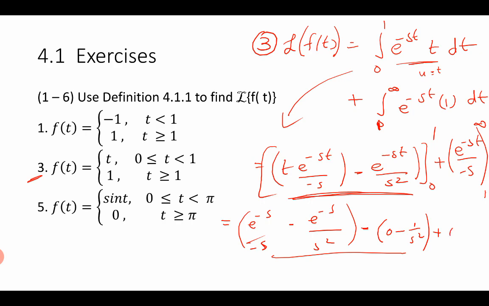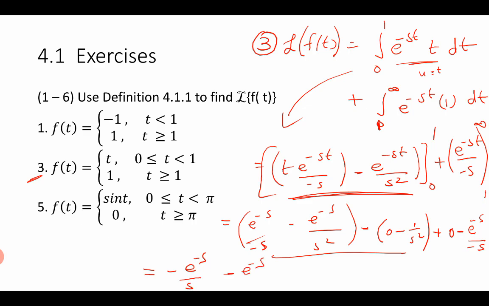So 0 minus, and then t is 1, e raised to minus s divided by minus s. It will be positive. So the last, what you get is here: minus e raised to minus s over s, first term.